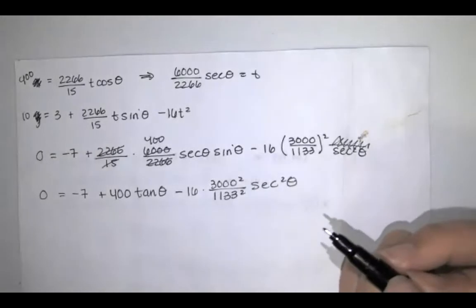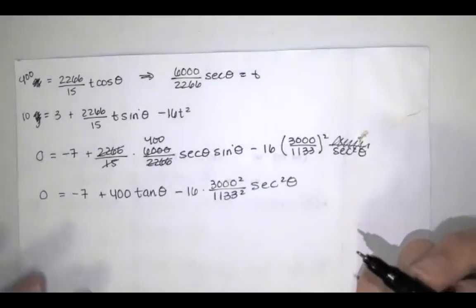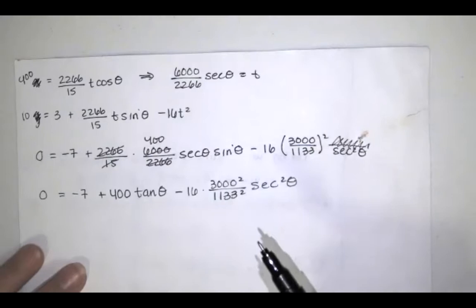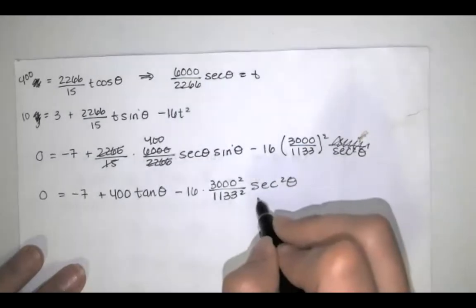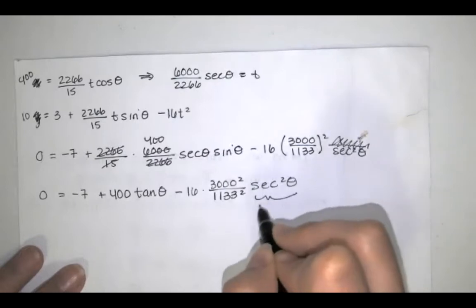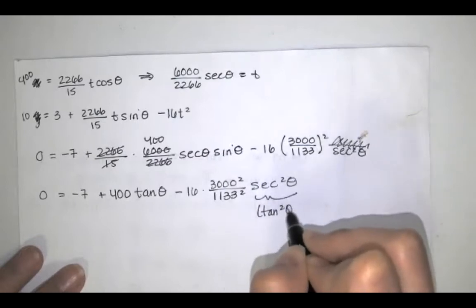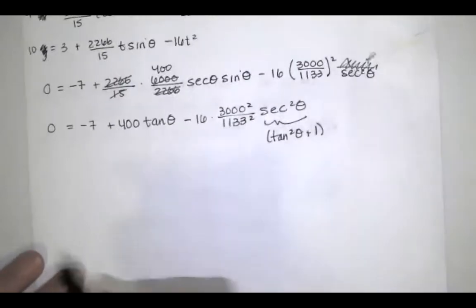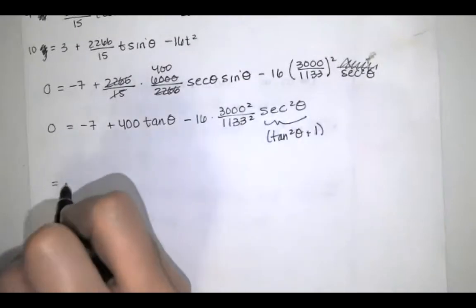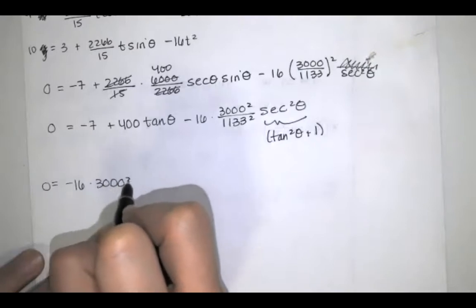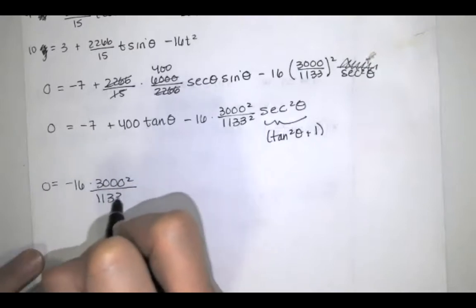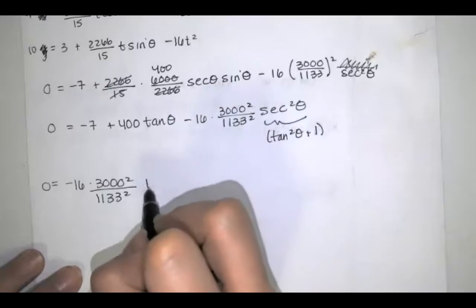Now it's kind of ugly, it's kind of bad, but this is just an equation involving tangent of theta and secant squared theta. Normally if I were in trig class, I would try to get this all in terms of one trig function. And we can do that because secant squared is actually tangent squared plus 1. So let's substitute that in here. So we're going to have 0 equals negative 16 times this 3,000 squared over this 1133 squared times tangent squared.